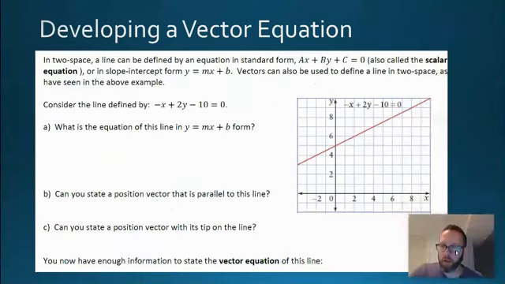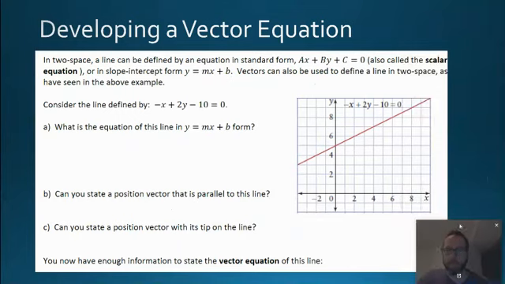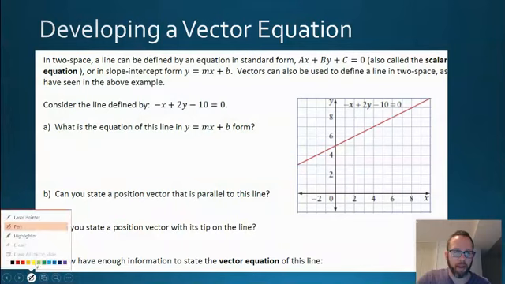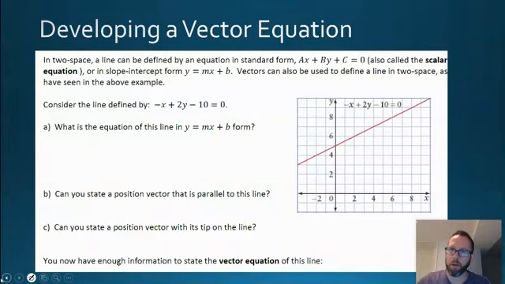Starting in your grade 9 course, you learned ways to describe the equation of a line. In 2-space, you typically had two ways to describe a line, and there is a third way that is sometimes used depending on who your teacher is or what school you're in.